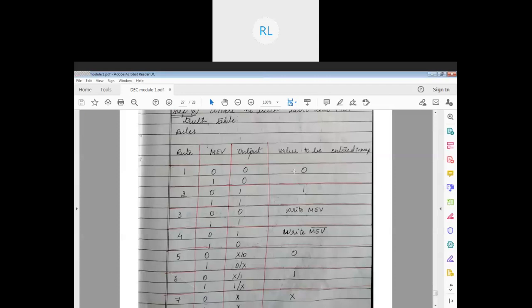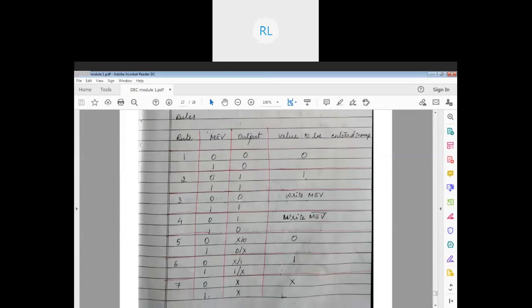So let's come here. If I have in MEV 0, 1 and my output is 0, 0, the value to be entered in the map is going to be 0. Next, if my MEV has 0, 1 and my output has 1 and 1, the value to be entered is 1.